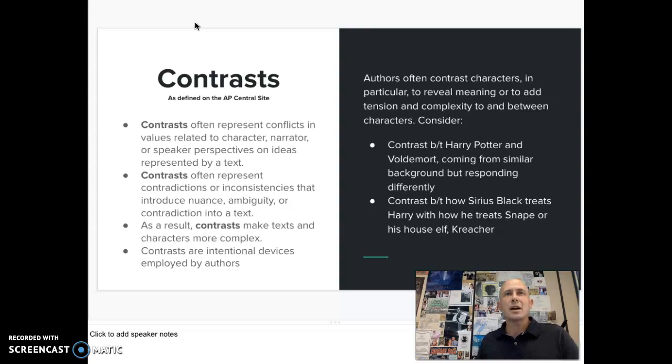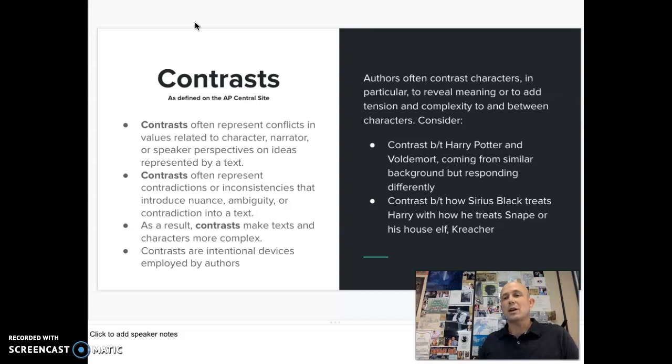So contrasts are things that are intentionally employed by an author to help juxtapose two things to reveal a difference or a key idea. Anglicus talked about foil characters a while ago, and I think that can be an example of a contrast, something that is intentionally employed again to help bring out a difference or an idea, an ambiguity, an inconsistency.